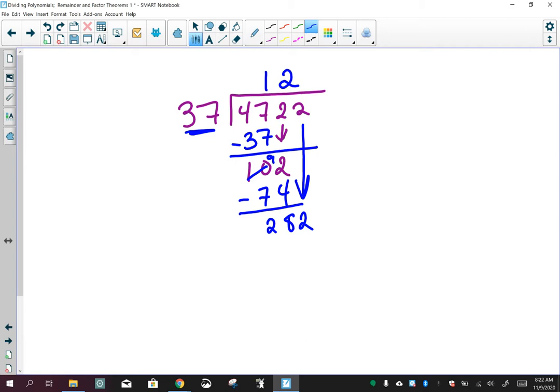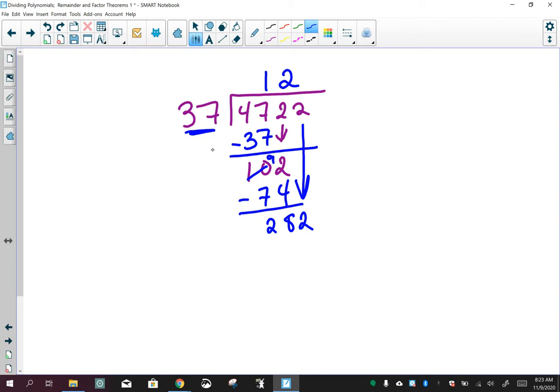37 times 3 was 111, times 4 is 148, times 5 is 185, times 6 is 222, times 7 is 259.